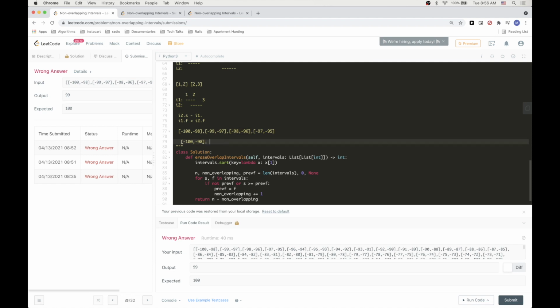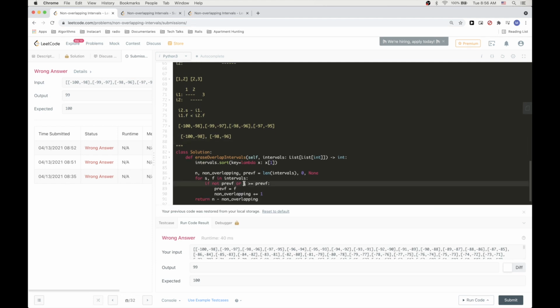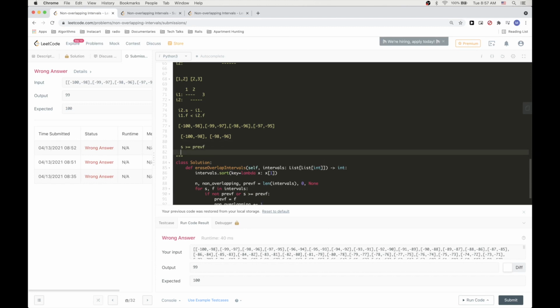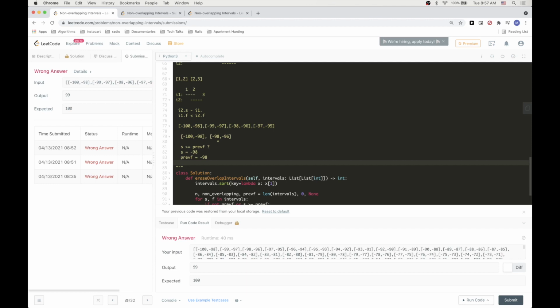But let's verify the structure of this here. So s would be equal to minus 98, and pref would be equal to minus 98, right? And so that's equal, so that's fine.